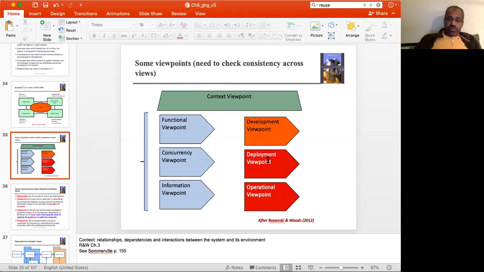So that'll be the deployment of your packages and components in terms of software onto actual hardware and technology elements: a scanner, a printer, a device, a database, camera, what have you. And then the operational viewpoint: how is this system going to be actually operated.